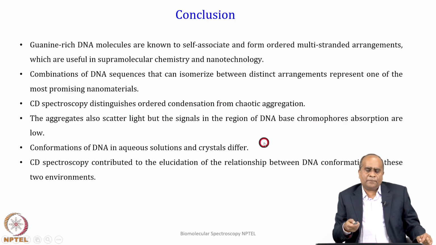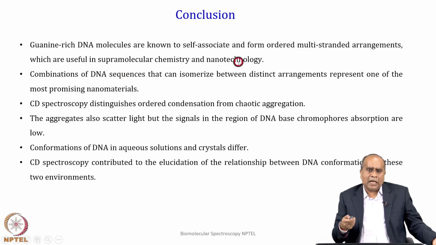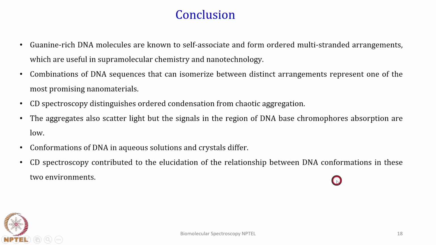Now, if it is scattered, what happens? The aggregated molecules will scatter the light, and you can use that to understand whether it has formed a structure or its aggregates.